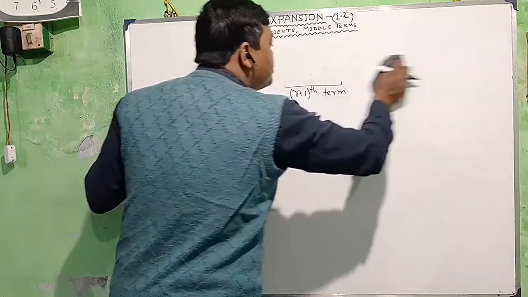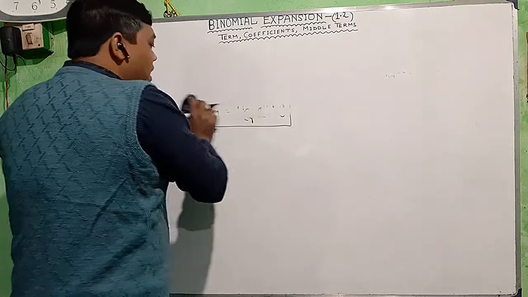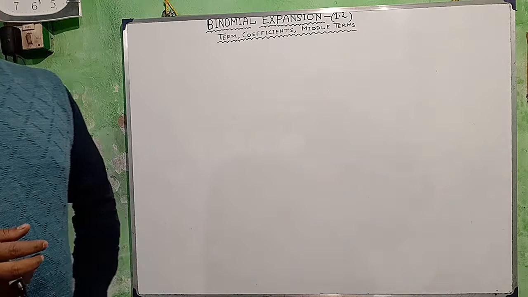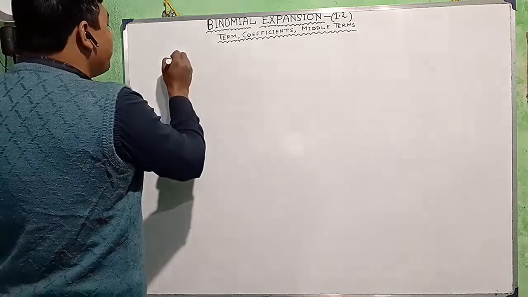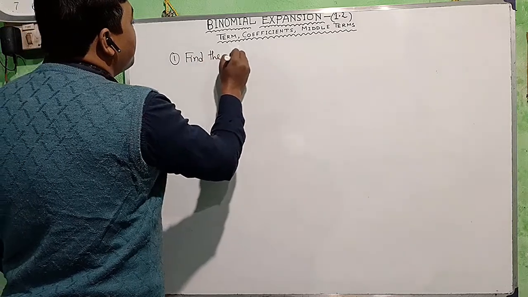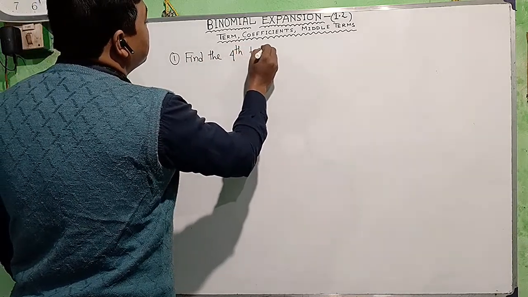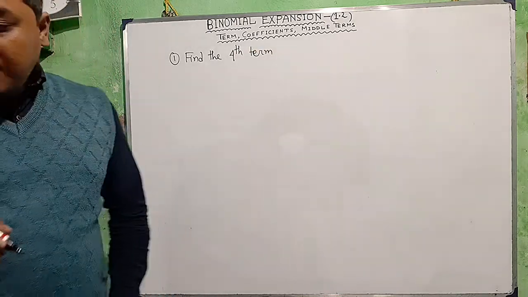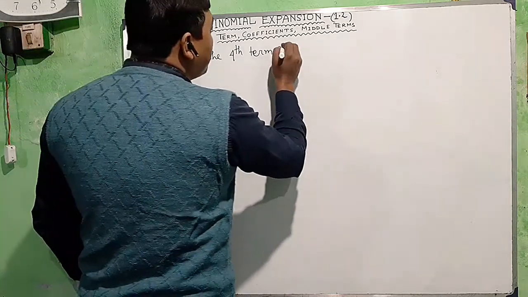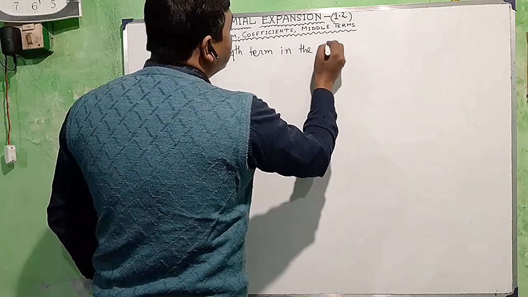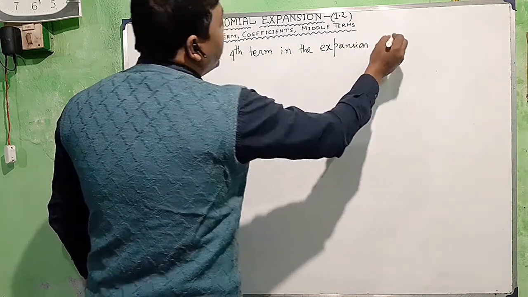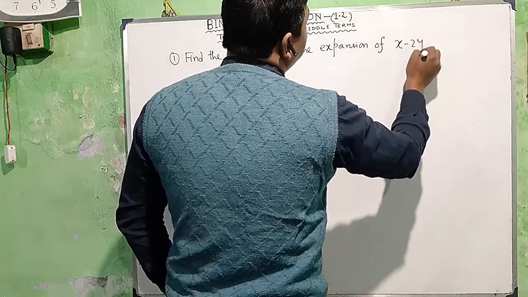First we solve one problem: find the fourth term in the expansion of (x minus 2y) to the power 12.